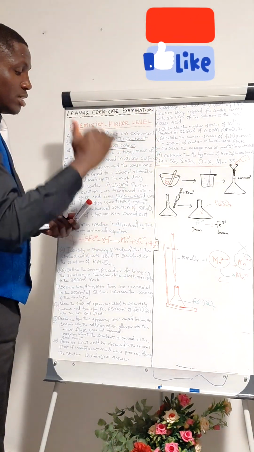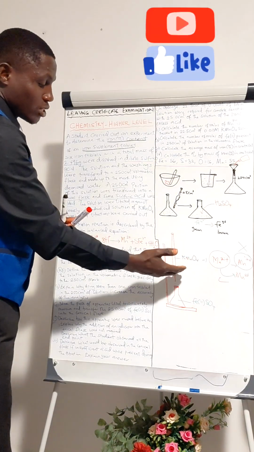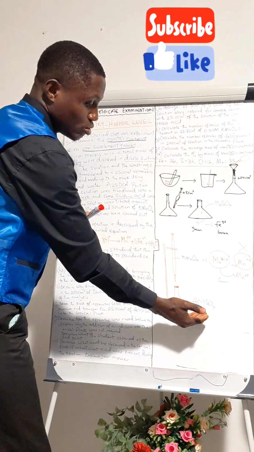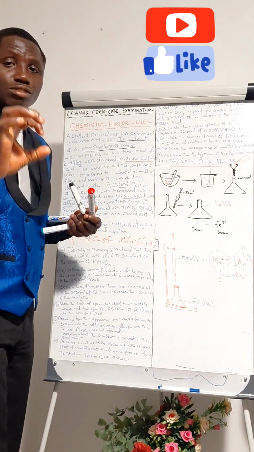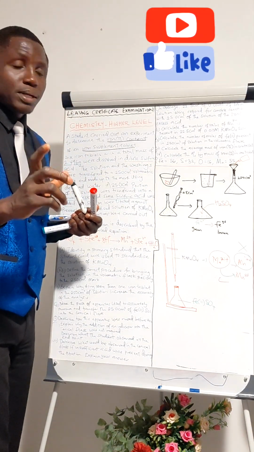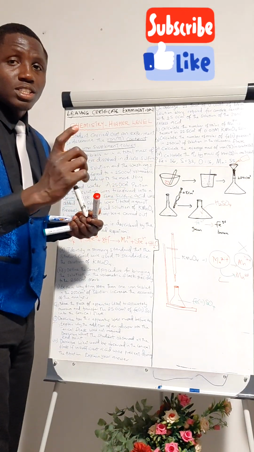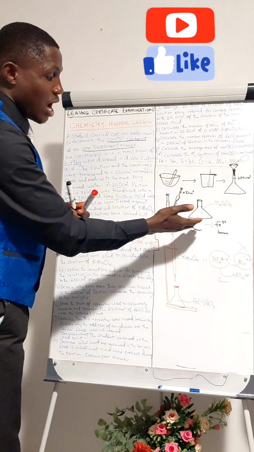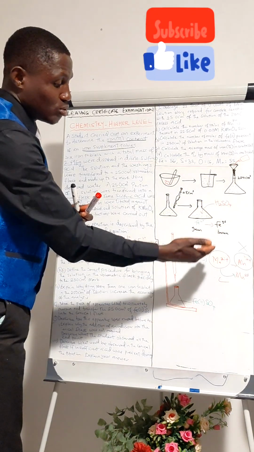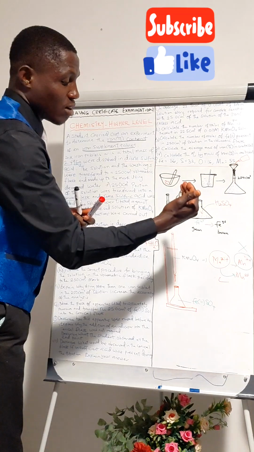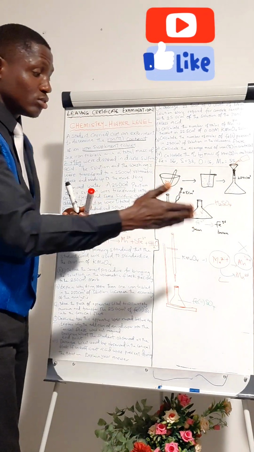So these are the things that you need to know about these titration processes. Number one, KMnO₄ is the oxidizing agent, iron 2 sulfate is the reducing agent, and to ensure that the titration goes on appropriately, we use sulfuric acid to maintain the reaction, to guide against oxidation of iron 2, and to make sure that the reduction of manganese +7 is to +2 and not to +4.